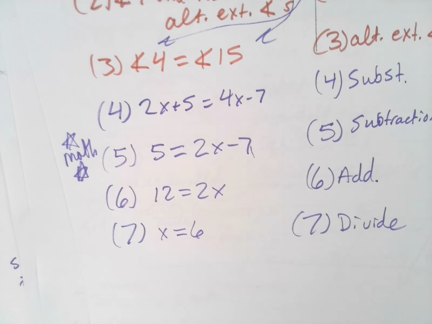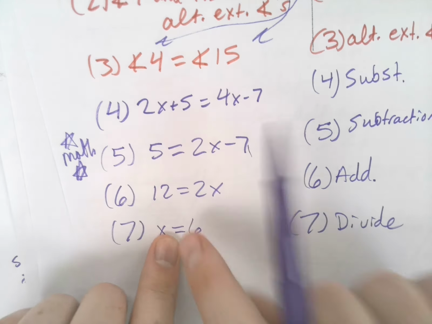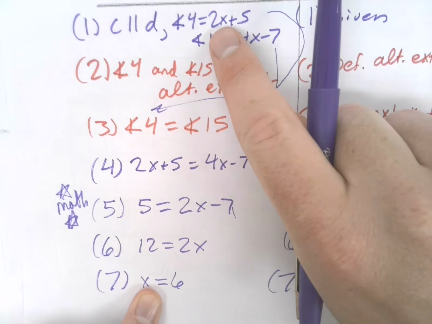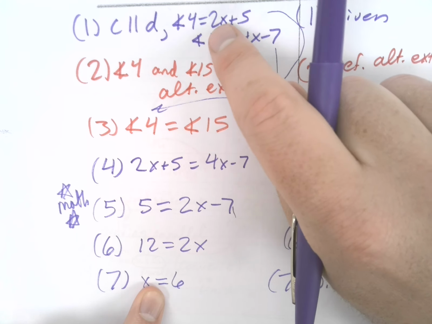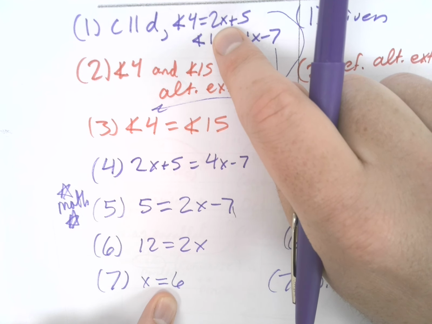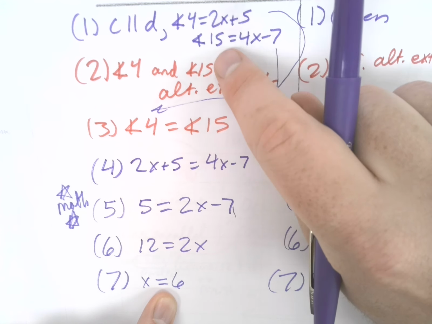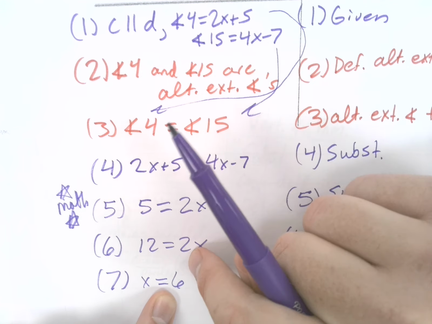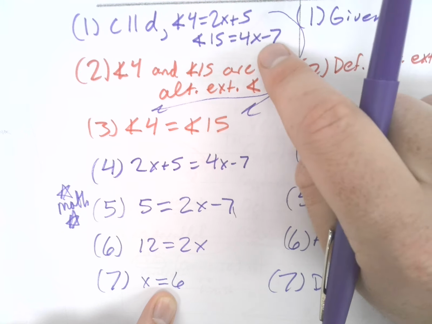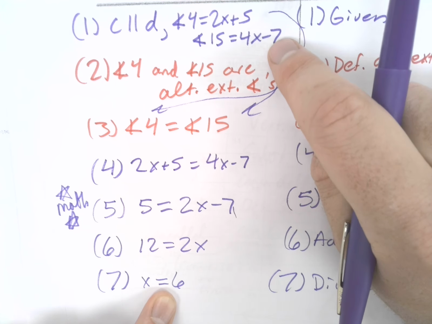Well, what good does that do? So we know we've got x equals 6. Well, couldn't you always plug 6 back in to both of these? Plug 6 back in. 2 times 6 is 12, plus 5 is 17. Angle 15, plug 6 in. 4 times 6 is 24, minus 7. That's 17.